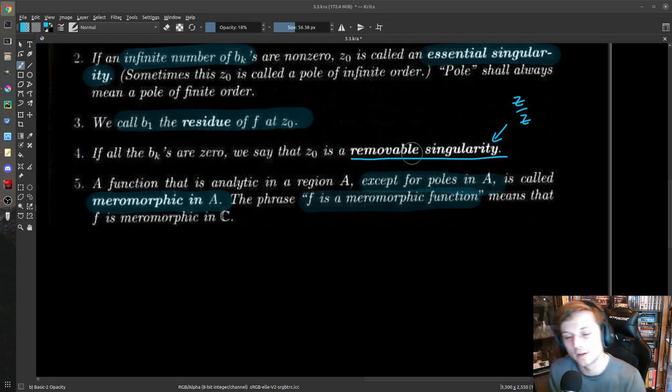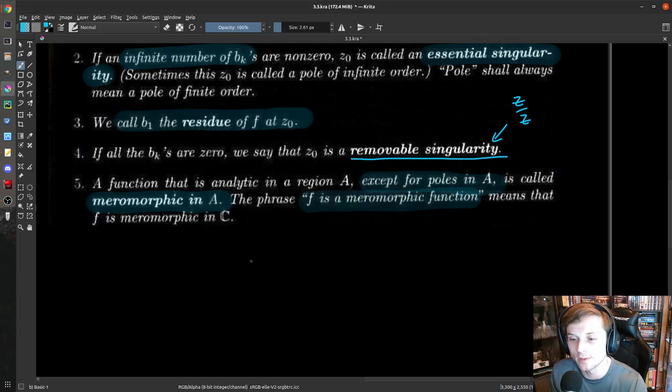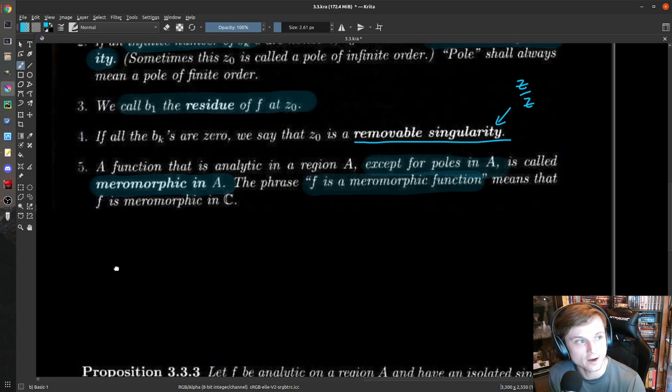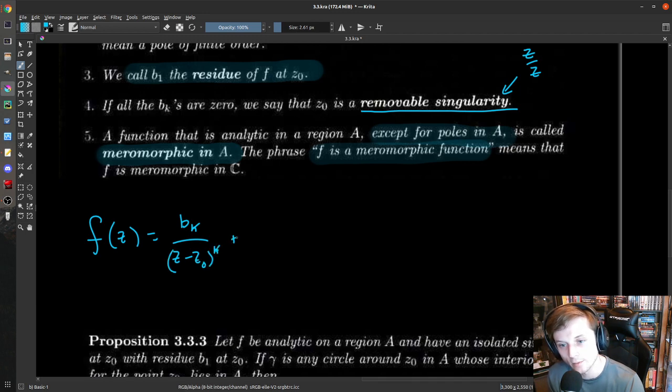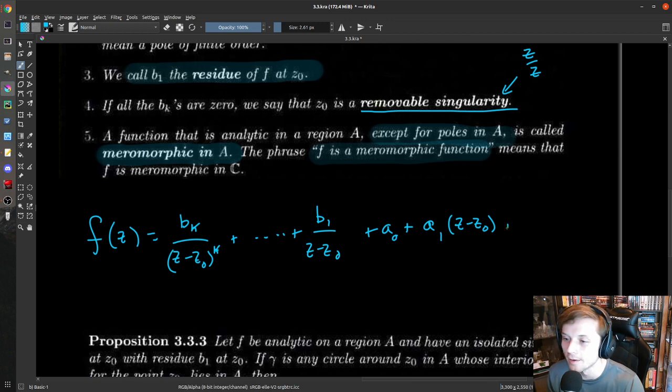The gist, and I'll throw one more piece of terminology in here, is that if you have a pole of order k, imagine you've got a function f of z that can be written on some domain A as b_k over (z minus z0) to the k, plus so on, all the way down to b_1 over (z minus z0), plus a_0 plus a_1 (z minus z0). These are always so annoying to write out.